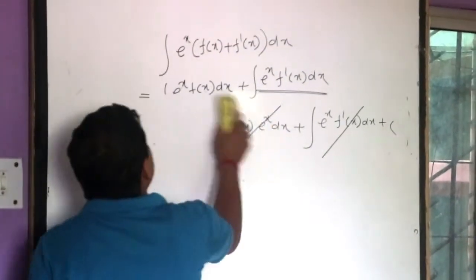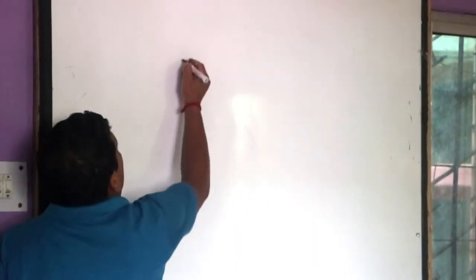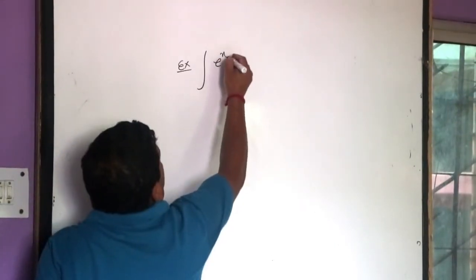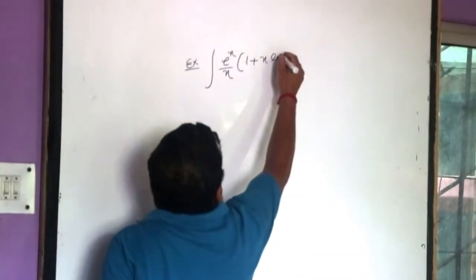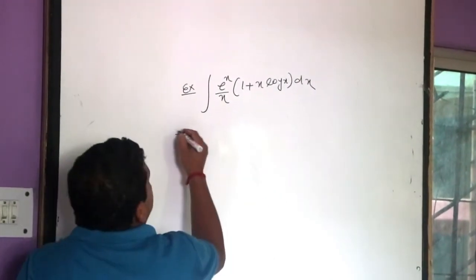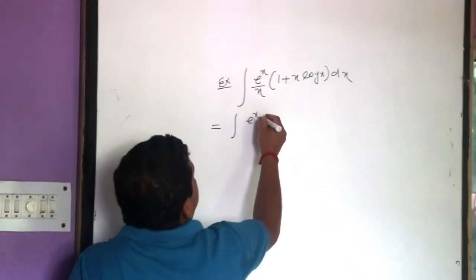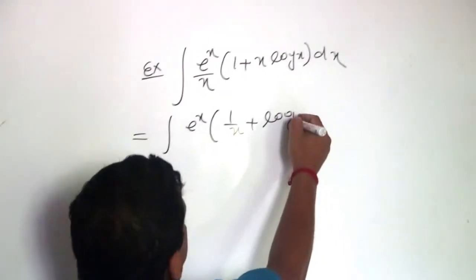It is also an important technique, that is given in your example 9. Suppose the integration is like e to the power x by x into 1 plus x log x dx, which is equal to e to the power x into 1 by x plus log x dx.